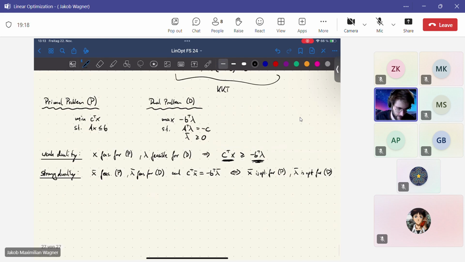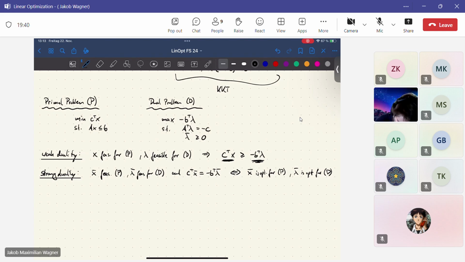All right, and then we went on to discussing how we can actually characterize or find optimal solutions to our minimization problem. And for this, we introduced the notation of vertices and edges.